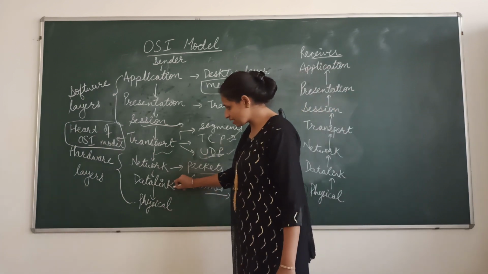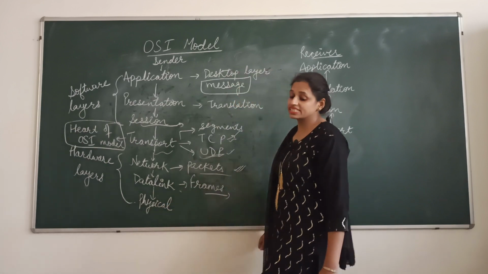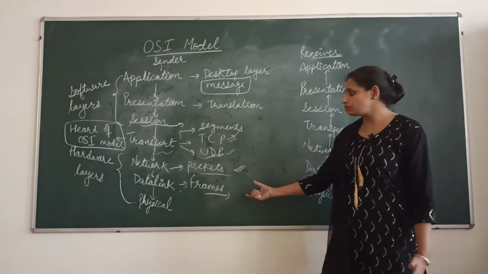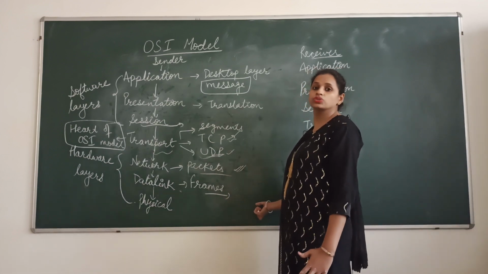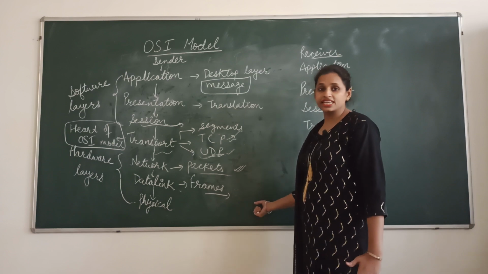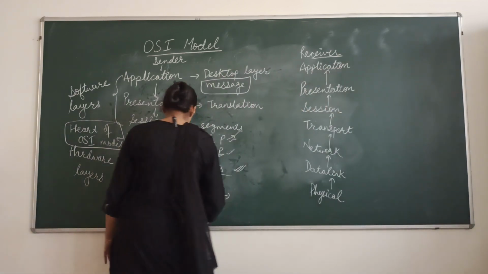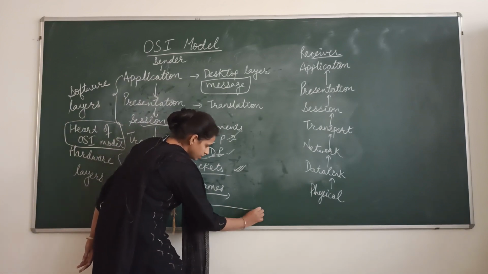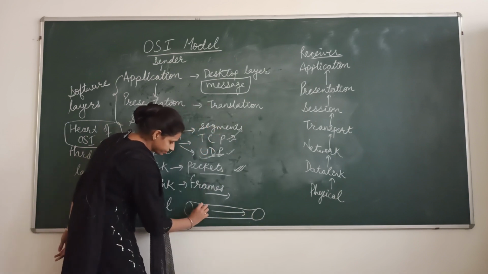After that, the data from data link layer is passed to physical layer. Physical layer means it provides physical medium. It provides physical medium to the data to transfer over the network. That physical medium can be a cable. This is the physical medium.